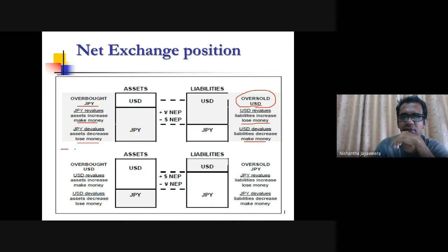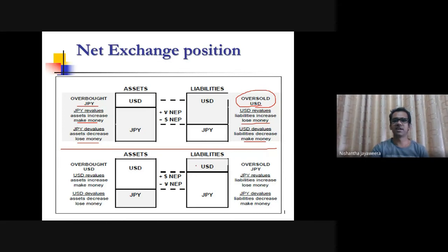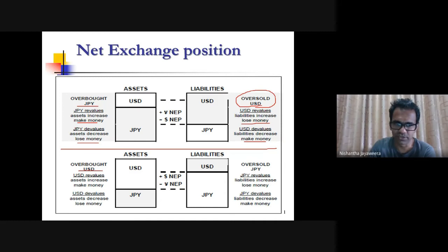The lower part resembles the same thing, but with these two diagrams switched the other way around. More assets in dollars, less assets in yen. Less liabilities in dollars, more liabilities in yen. So in terms of dollars, you have a long position, an overbought position.